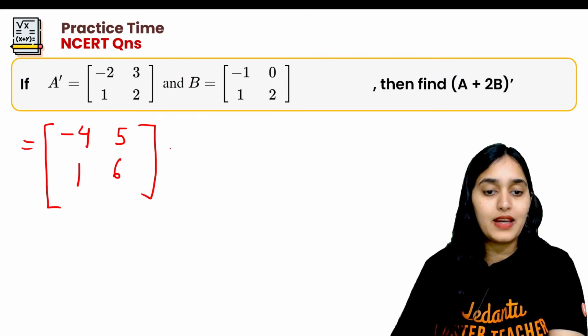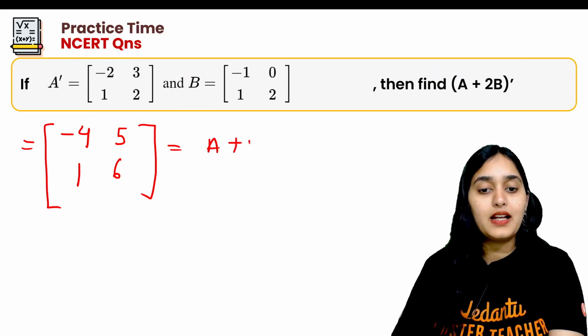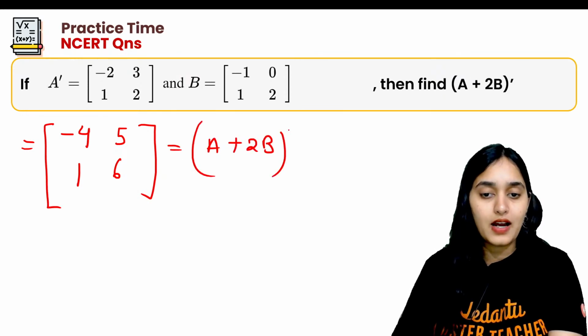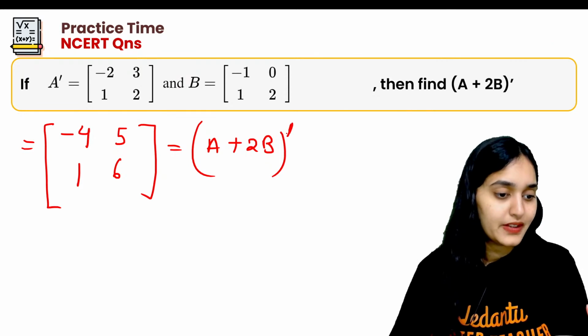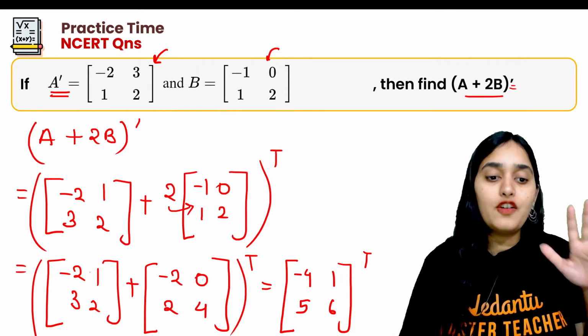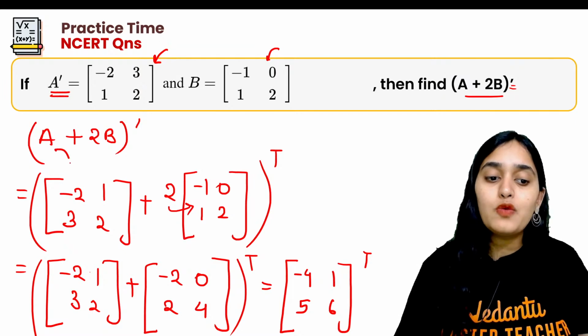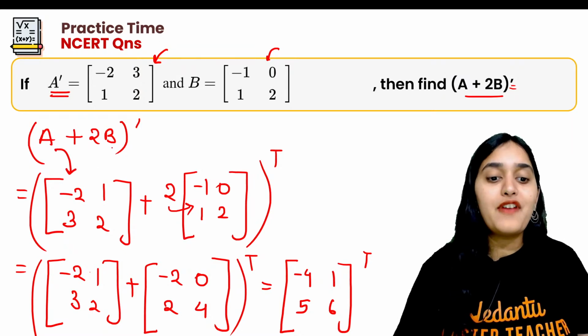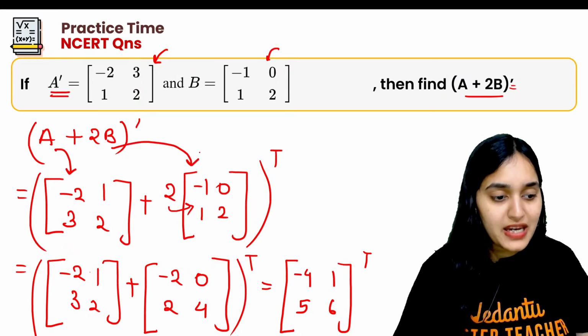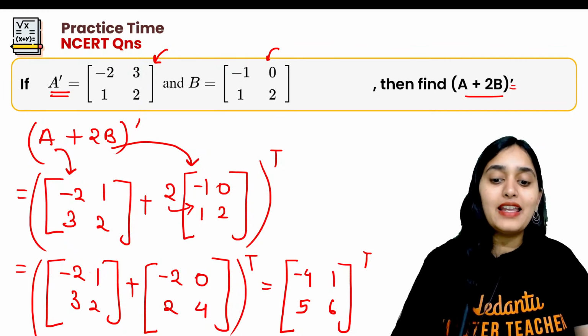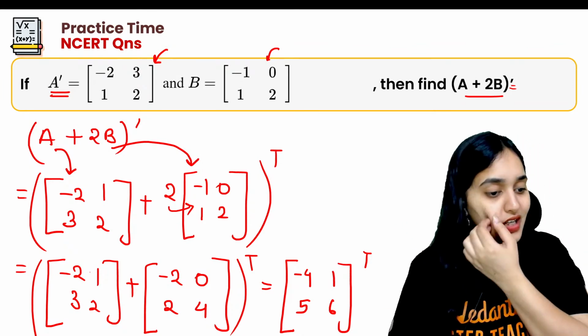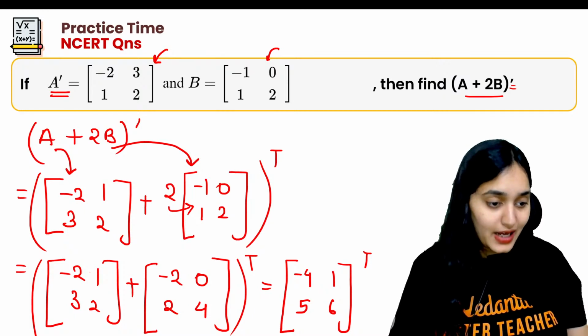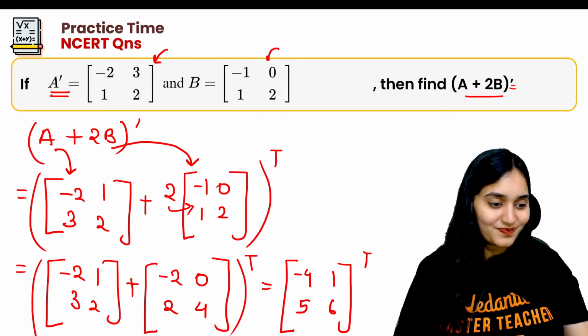This is basically A plus 2B whole transpose. Easy? Very easy question. So first of all, we find out what is A matrix. We find out what is 2 times of B. We add them and then we find out the transpose of the given matrix. Easy? Everyone can do it?